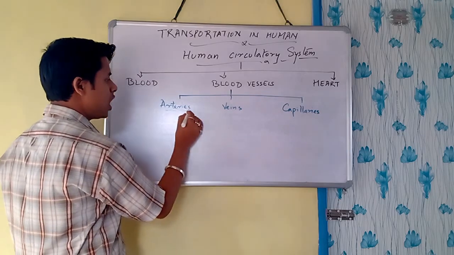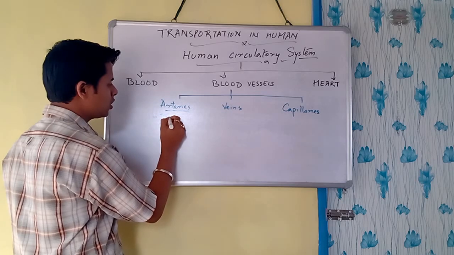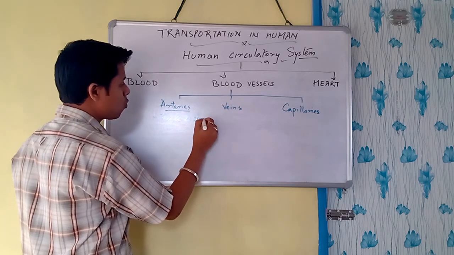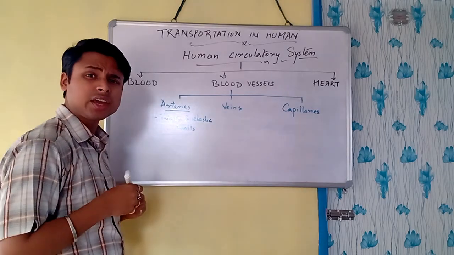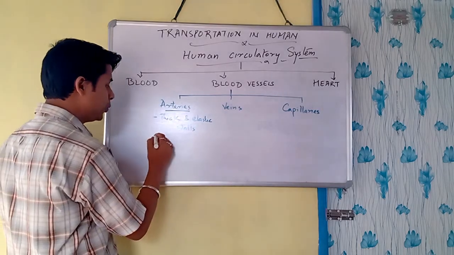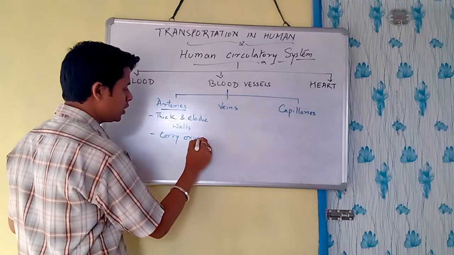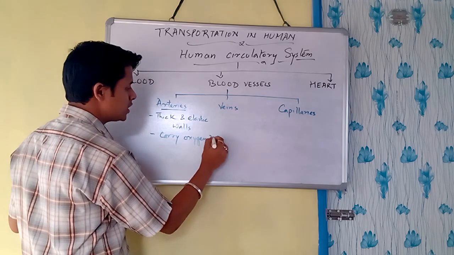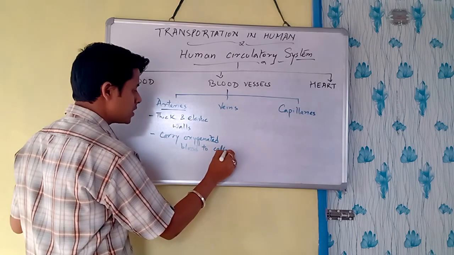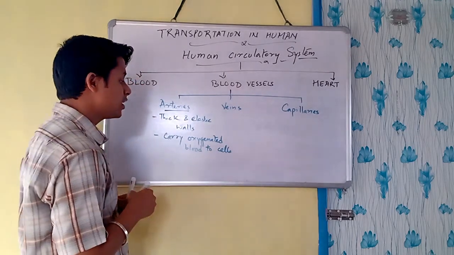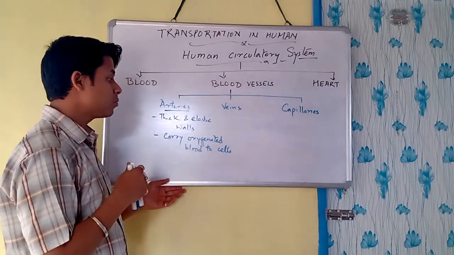If we see arteries, the arteries have very thick and elastic walls. They carry oxygenated blood to the different parts of the body, away from the heart.